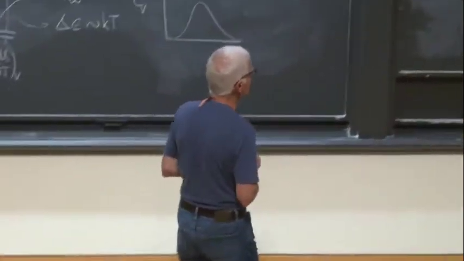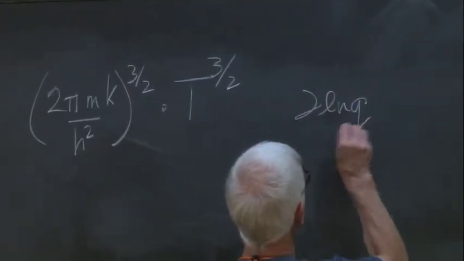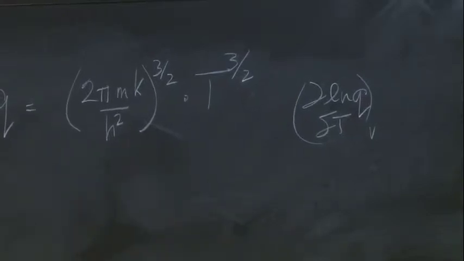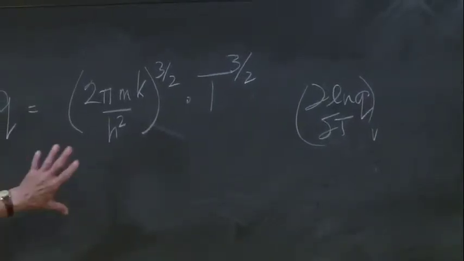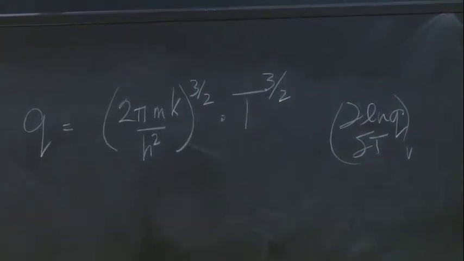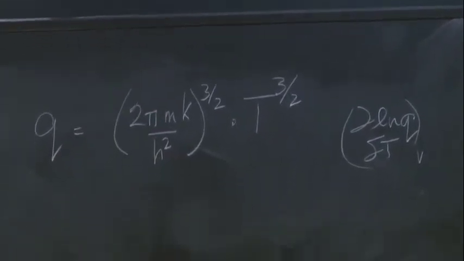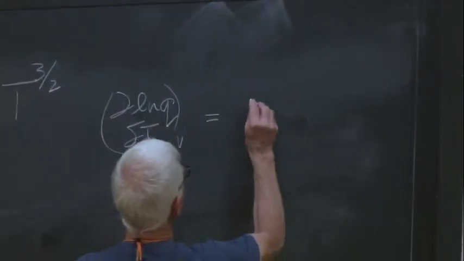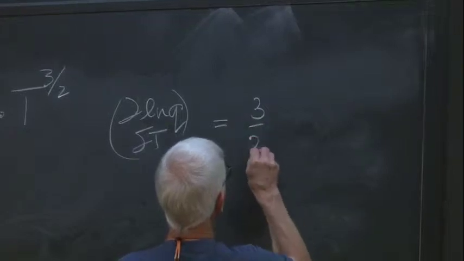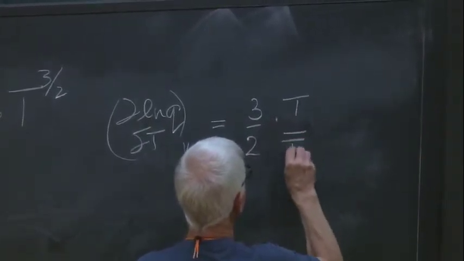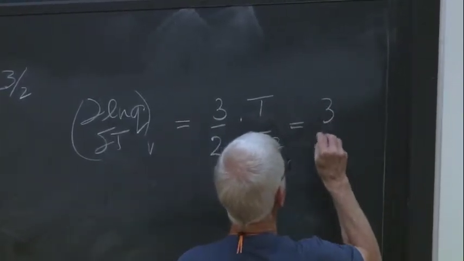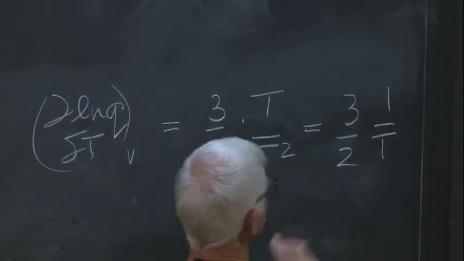And if we take d log q by dT, then what we have to do is just differentiate this and divide it by itself. There's a constant term there, which will occur both top and bottom. And so this is simply going to be equal to 3 over 2 times T divided by T squared. So it's going to be equal to 3 over 2 times 1 over T.